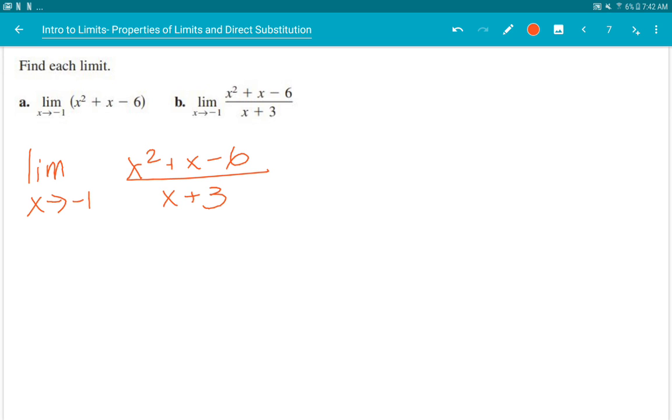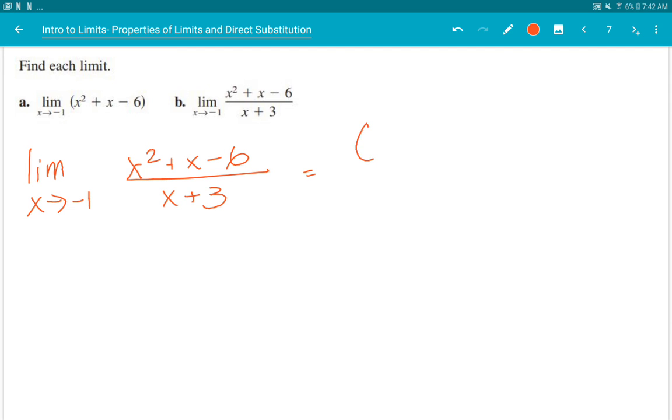And as we can see, the -1 is not going to do that for us. So we are okay to just use direct substitution. Because again, a rational function, most of the time, is just a polynomial divided by a polynomial. And we know with polynomials, direct substitution works wonders, right? So here, in the numerator, it's going to work. In the denominator, it's going to work because it's not giving us 0. If it gave us 0, that's a different story.